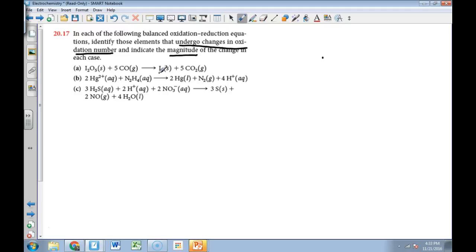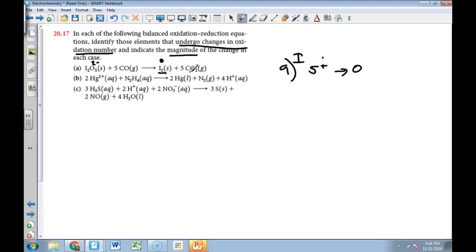So here is iodine for part A, okay? Iodine here is 0. Remember, elements always have an oxidation state of 0. And here, let's keep in mind that oxygen is 2 minus. So that means that iodine is going to go from 5 plus to 0.